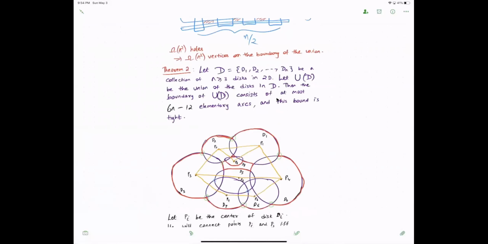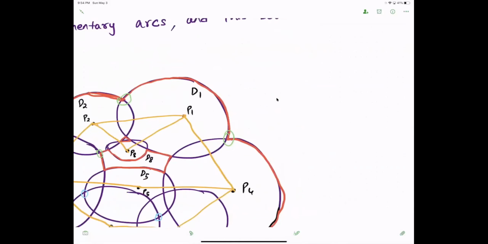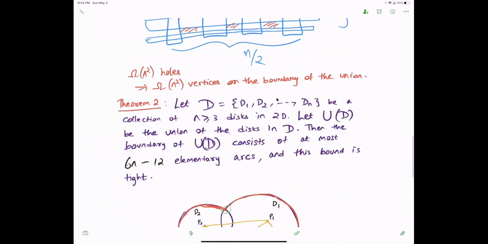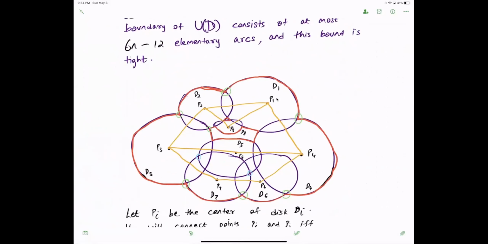You can see that this is a graph where these Pi's are the vertices, and there are some edges which are connecting some of these vertices. So think of it as a graph. It should be pretty easy to understand that.